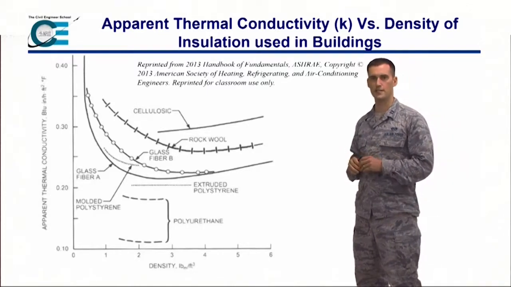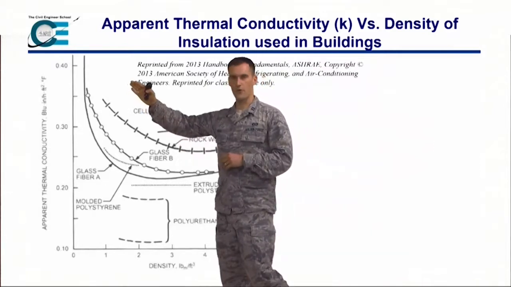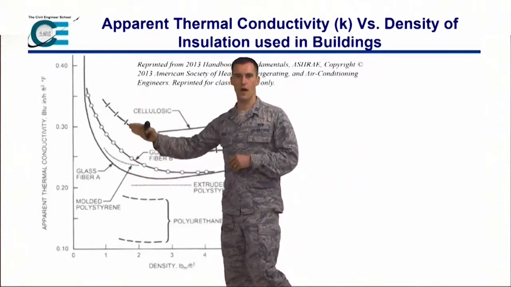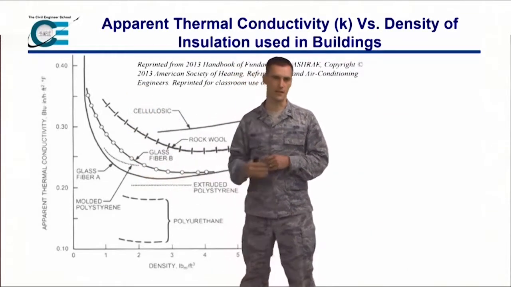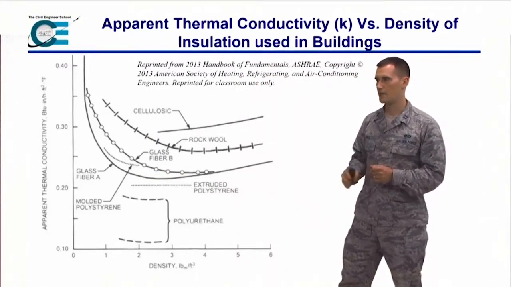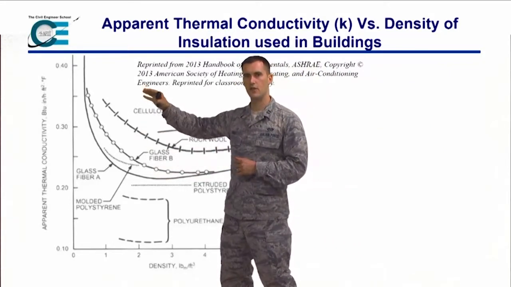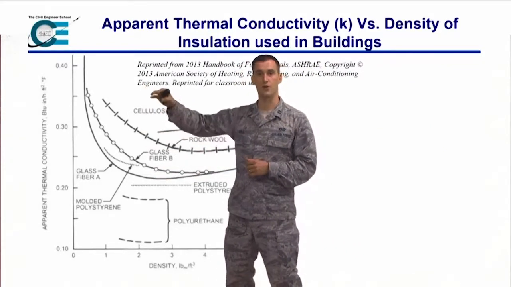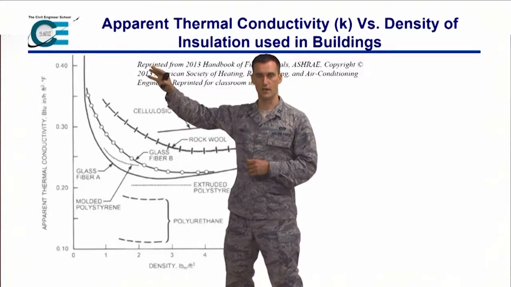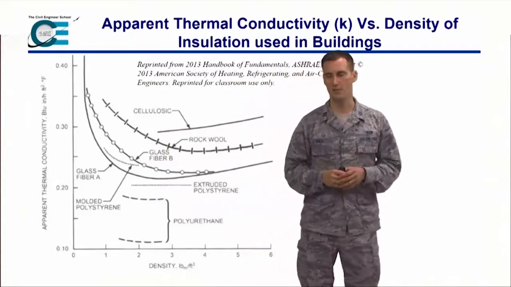It's a little difficult to see here, but what this is showing is the apparent thermal conductivity on the y-axis. I talked very briefly at the beginning about thermal conductivity, but the higher the thermal conductivity is, the more heat transfer we have. So metal has a very high thermal conductivity. The lower it is, the less heat transfer we have.